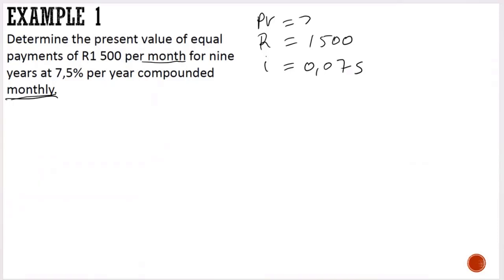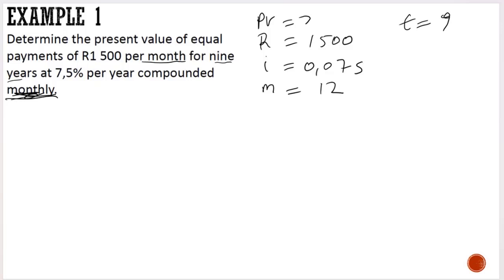And what is the compounding period? The compounding period, remember, is m. It is compounding monthly, so m is equal to 12. When something is compounding monthly, we know that m is equal to 12. And this is a specific period, so t is equal to 9.